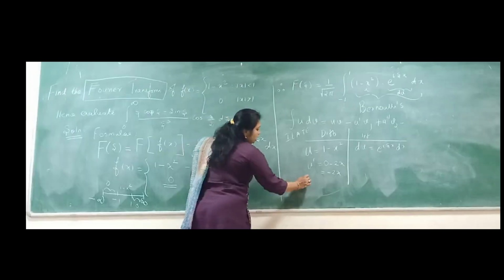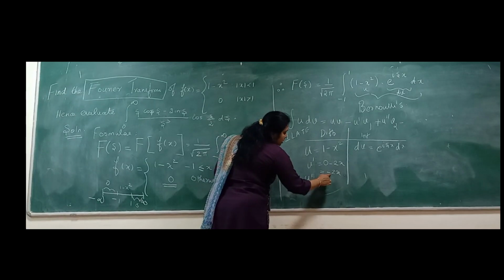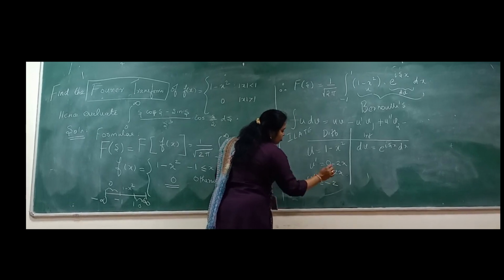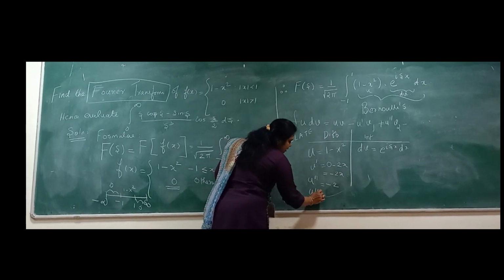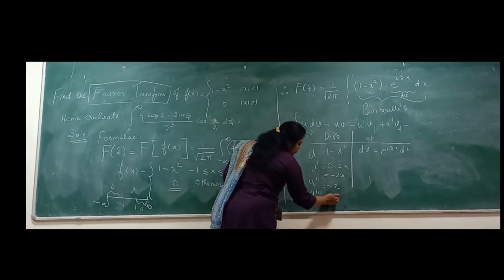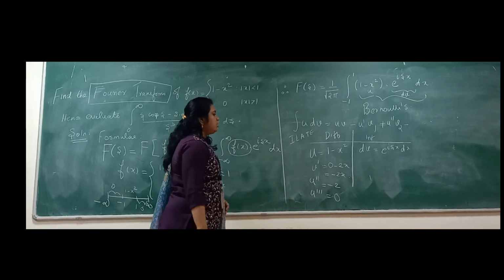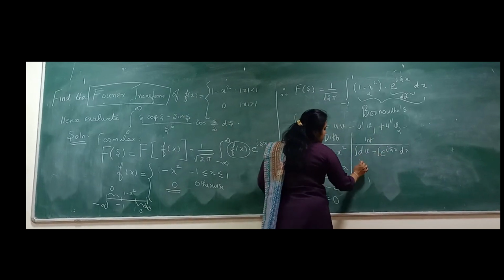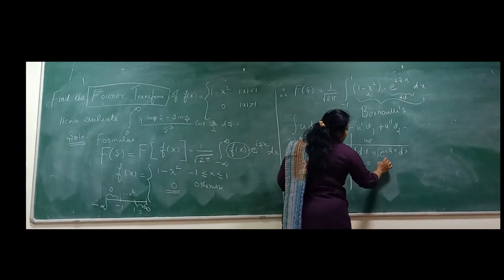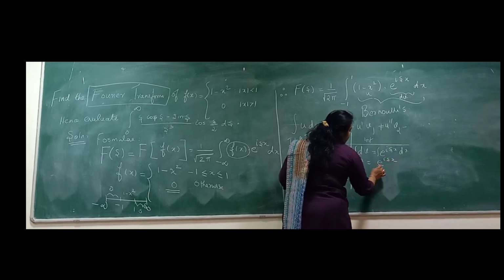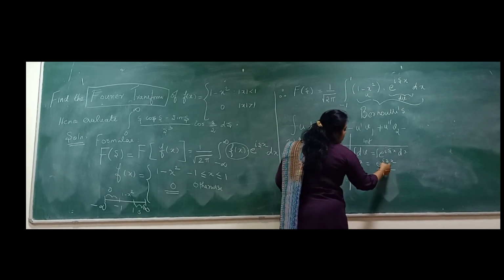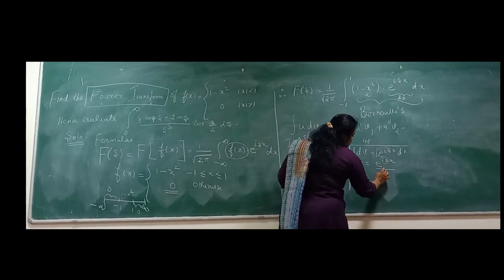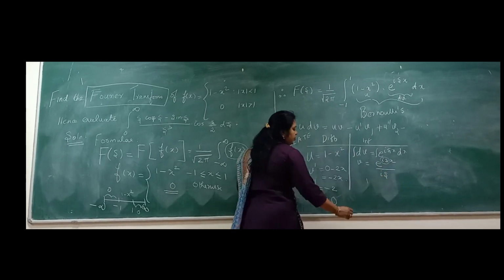Now what is u double dash? The differentiation of x is 1, and with the constant, it is minus 2. And what is u triple dash? It is 0. Now you are going to do the integration here. So v is e to the power i s x divided by i s, since we are integrating with respect to x, so i s should be in the denominator.